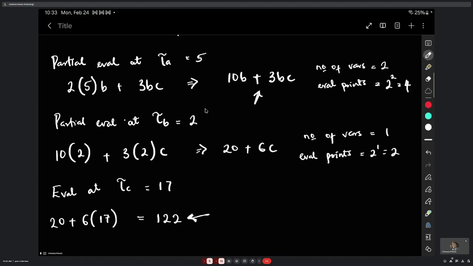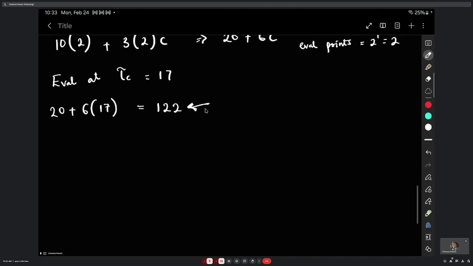In the univariate case, when we're thinking about it programmatically, we had the coefficients array, right? And then we had the powers of tau.